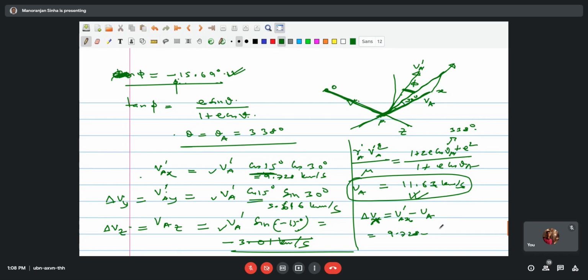We subtract that, and it should be around 0.822 kilometers per second. So this is the impulse required along the x direction, this along the y direction, and this along the z direction. This is how the transfer is planned.